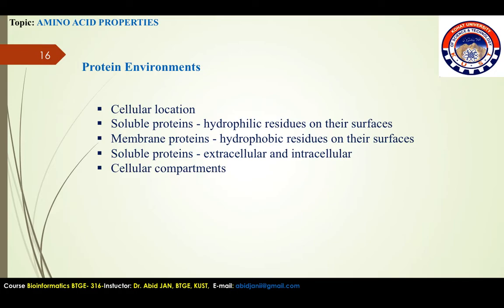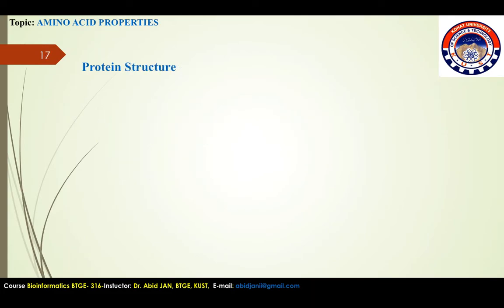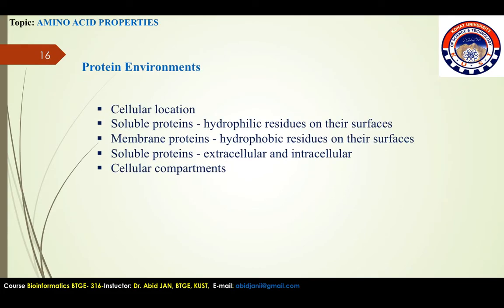For example, positive amino acids for interacting with the negatively charged phosphate backbone. It is important to consider the likely cellular location of any protein before considering the consequences of amino acid substitution.